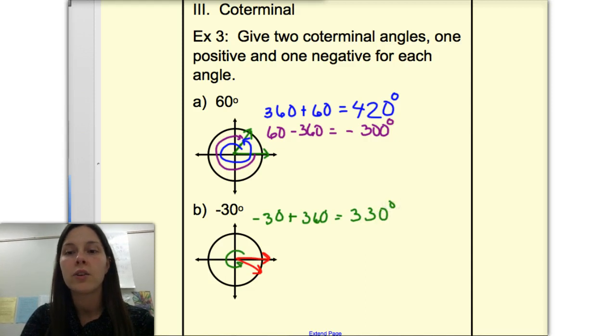And to get our negative coterminal angle, we will think about continuing to rotate it in the negative direction. So we would need to rotate it 1 full rotation plus that additional 30 degrees. So we would take our negative 30 degrees minus 360 to get our negative coterminal angle of negative 390 degrees.